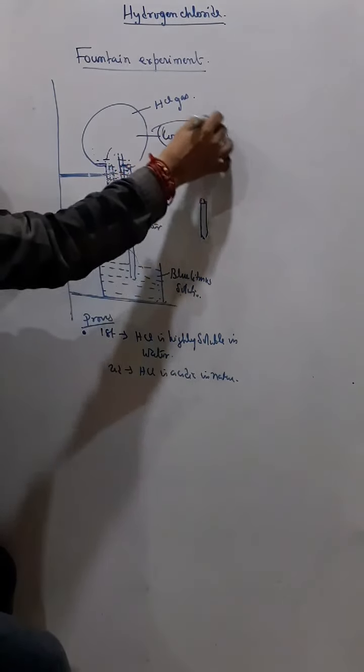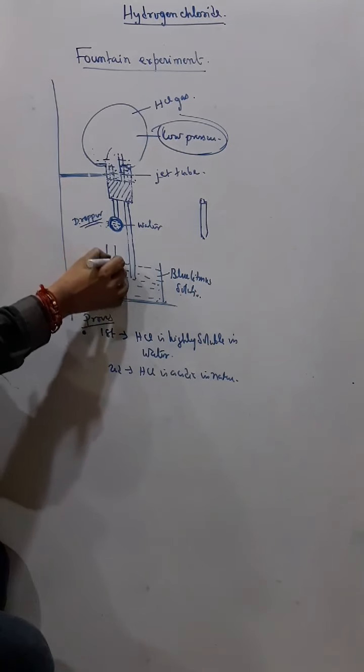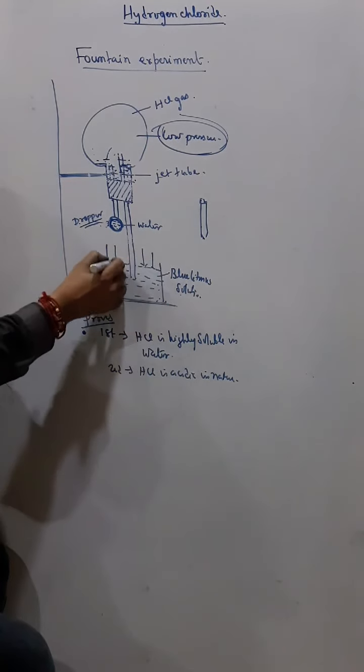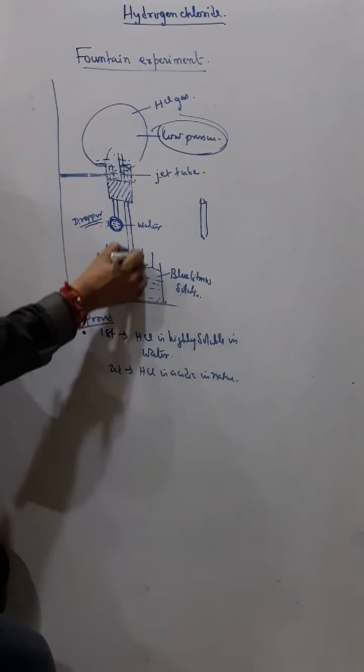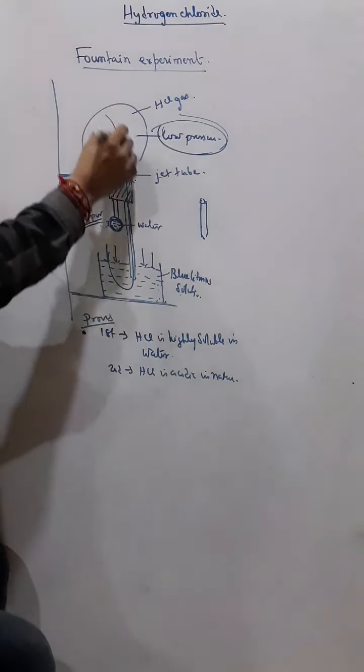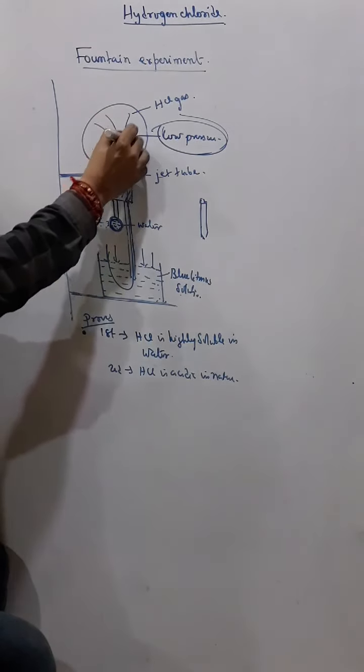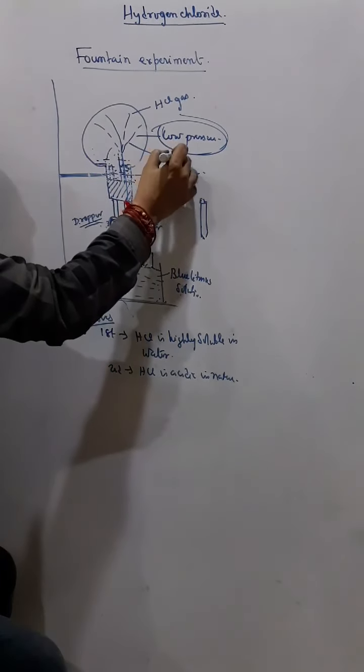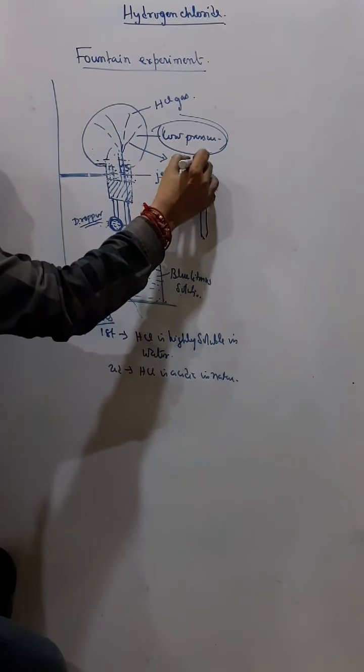Since there is low pressure, the atmospheric pressure acts and pushes this water, and a fountain forms, and the fountain will in fact be red in color.